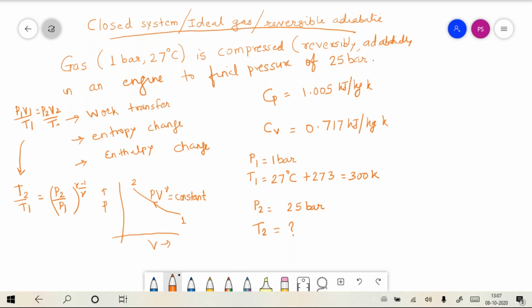The expression enclosed in the blue box is T2 by T1 is equal to P2 by P1 whole raised to gamma minus 1 by gamma.